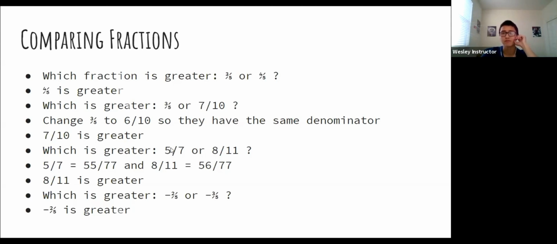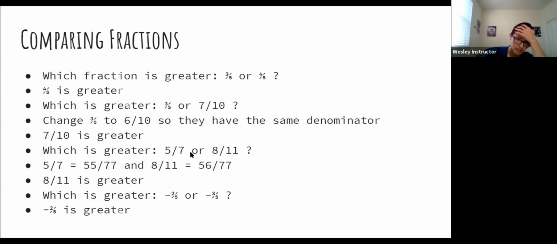Which is greater, 5 over 7 or 8 over 11? So you guys need to multiply both fractions for this one. If the denominators look like this, one doesn't multiply into the other, or one isn't a factor of the other, you guys want to find the LCM, or least common multiple, of both the denominators.